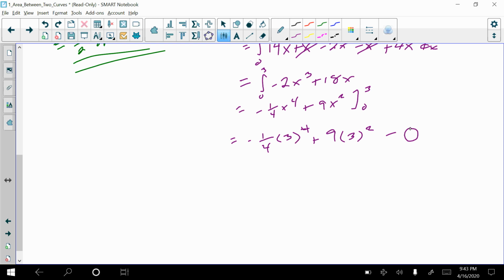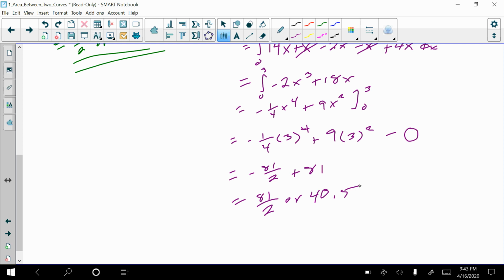And again, 3 to the fourth power multiplied by negative 1/4 will give me a negative 81/2, and then we're going to get a positive 81, and that will simplify to be a positive 81/2, or another 40.5.